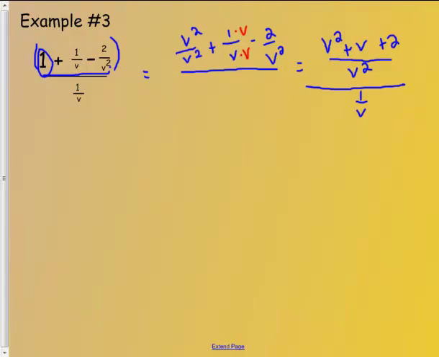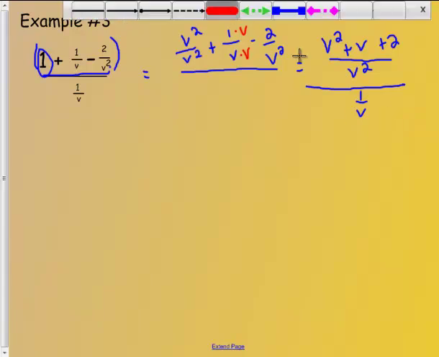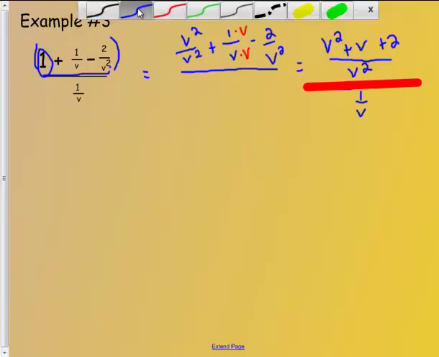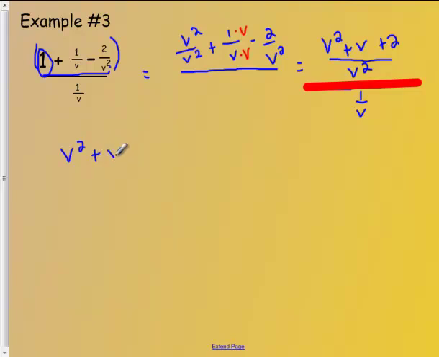But I know that this means to divide. So I'm just going to take my top fraction and write it back down here. I understand that I'm dividing. So dividing means to multiply by the reciprocal.